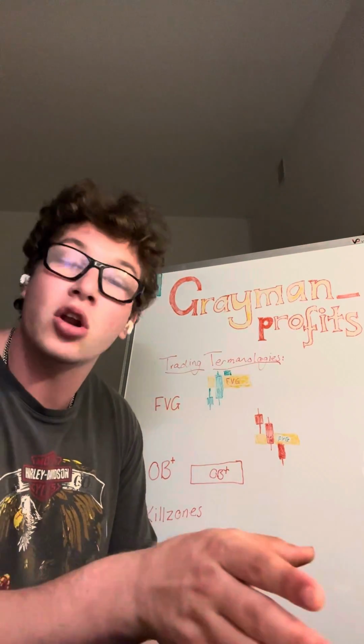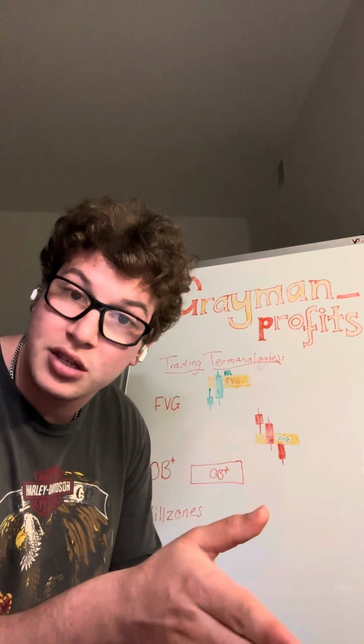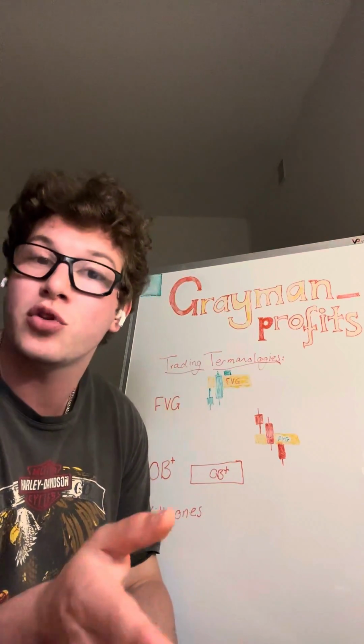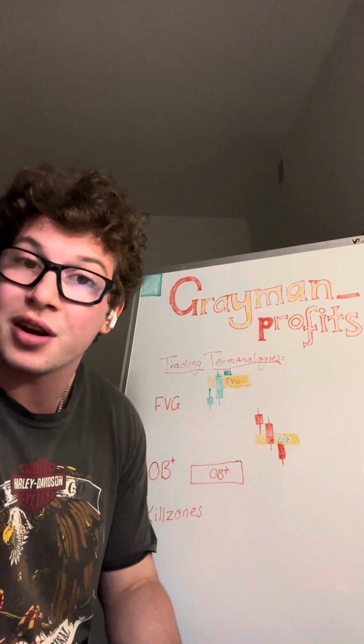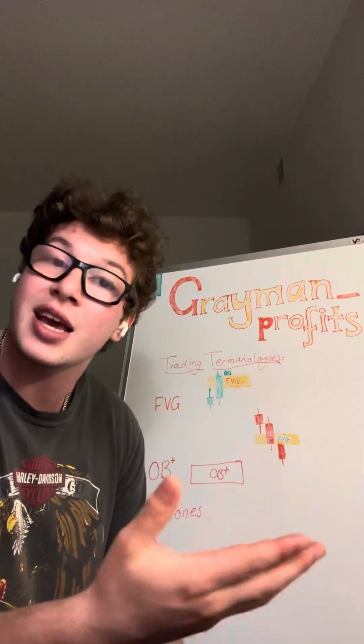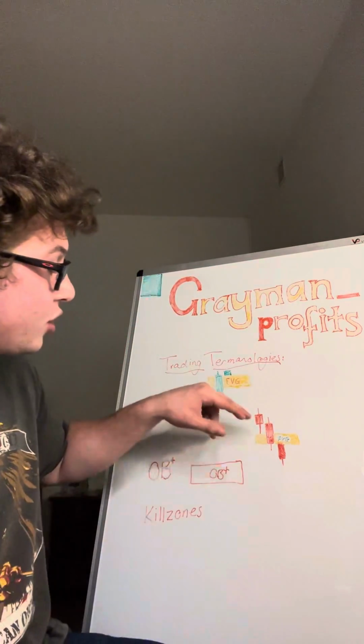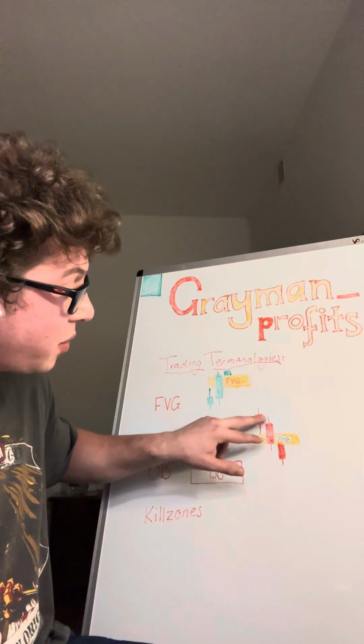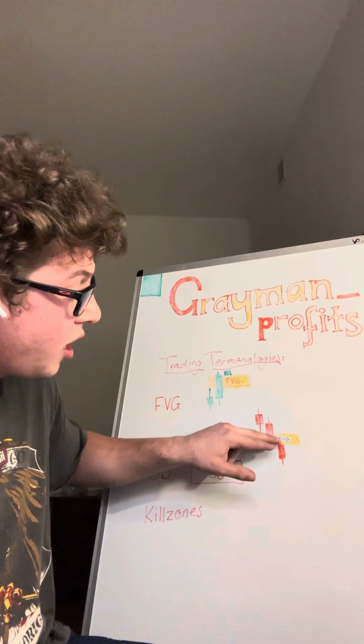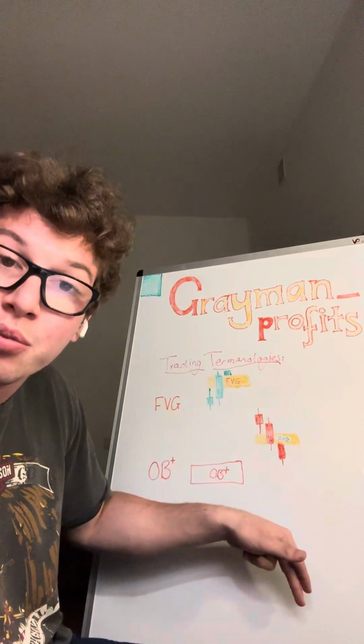So either lots and lots of traders have made the same decision at the same time, or a firm with much more capital has come in and gone, okay, we're going to move the markets in our direction, which has led to a big space and continued to the third candle where it's continuing its downward motion.